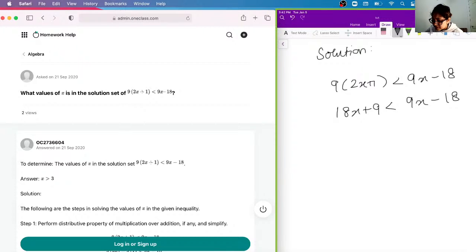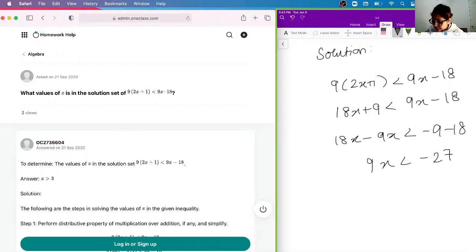So all the like terms are together basically. So you have your 18x minus 9x, and you have minus 9. So over here you would have 9x, and this would be negative 27.